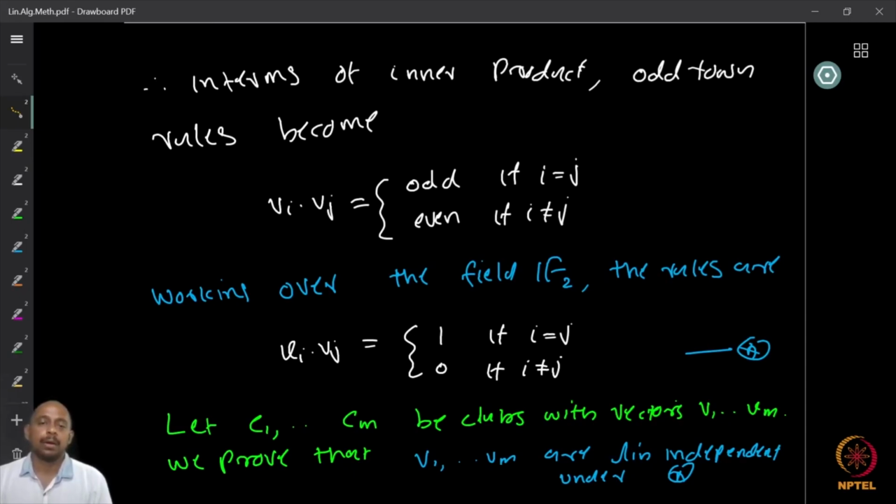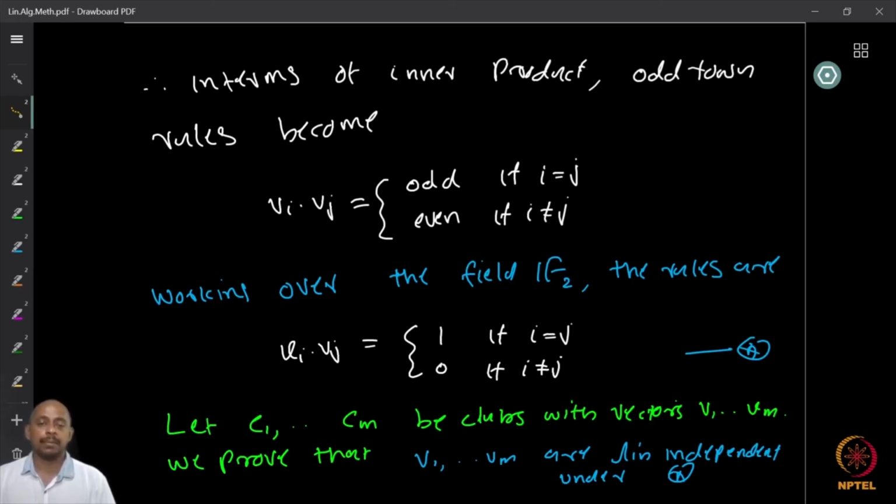Now, we can work over any field, and because all the elements we are looking at in the incidence vectors are either 0 or 1, it's binary, we can work with the field F2, which has only 0 and 1. So the rules I can now write as: vi dot vj is 1 if i equals j, because over F2 odd numbers become 1. F2 is a field with 2 elements, so everything is reduced modulo 2.